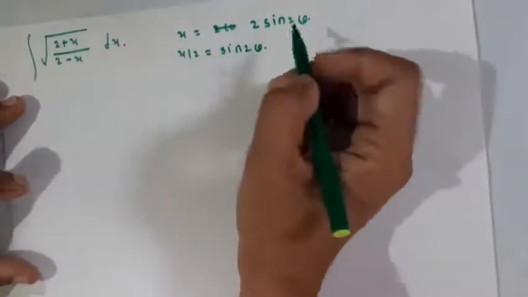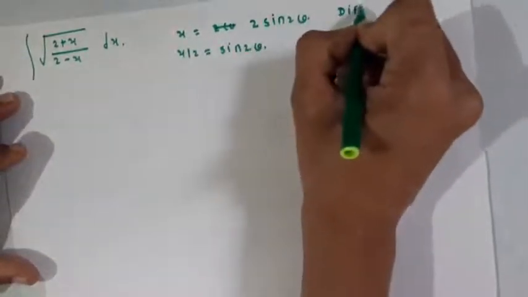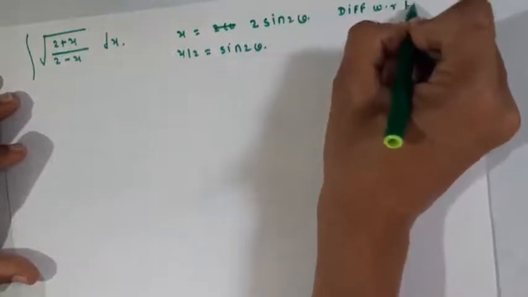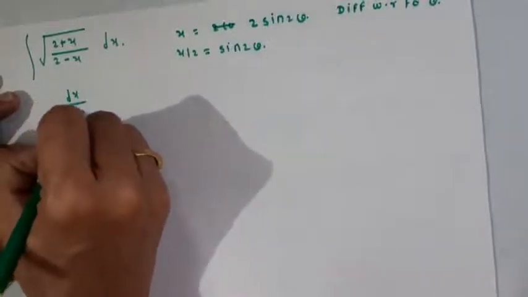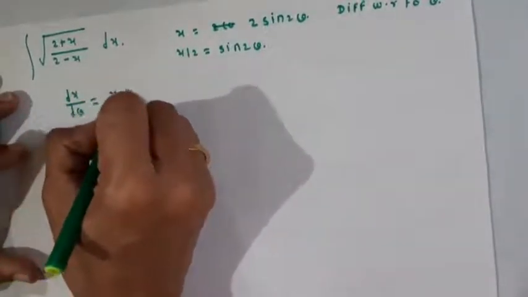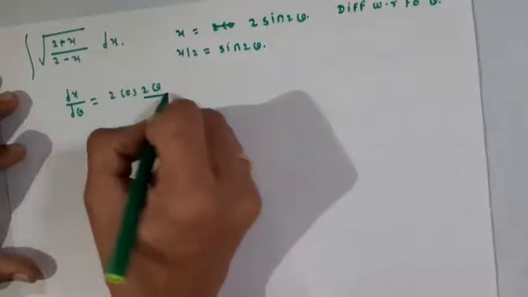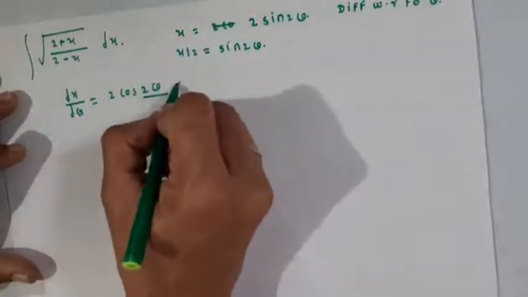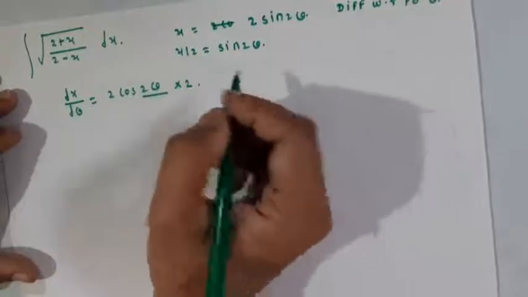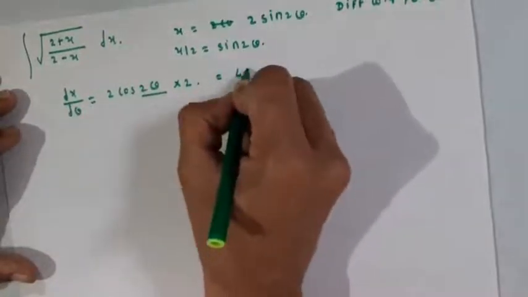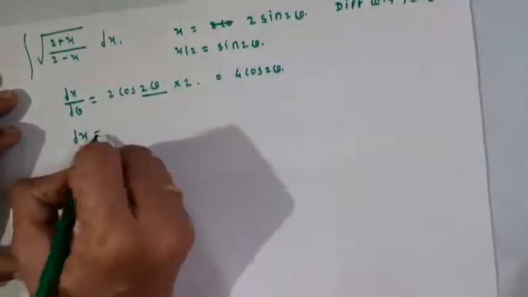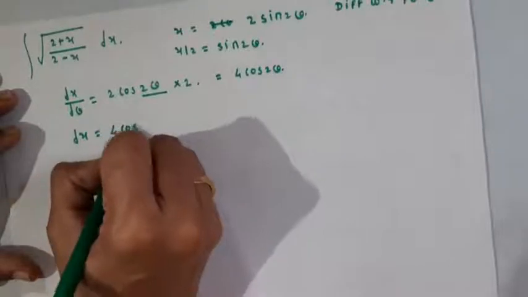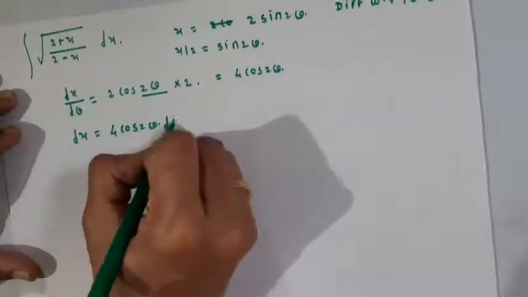Okay, so whatever is your substitution, differentiate with respect to theta, we will get dx by d theta equal to 2 cos of 2 theta. This 2 theta is again a differentiable function and its differentiation is 2, and that's why this is 4 cos of 2 theta, and hence the value of dx is 4 cos of 2 theta into d theta.